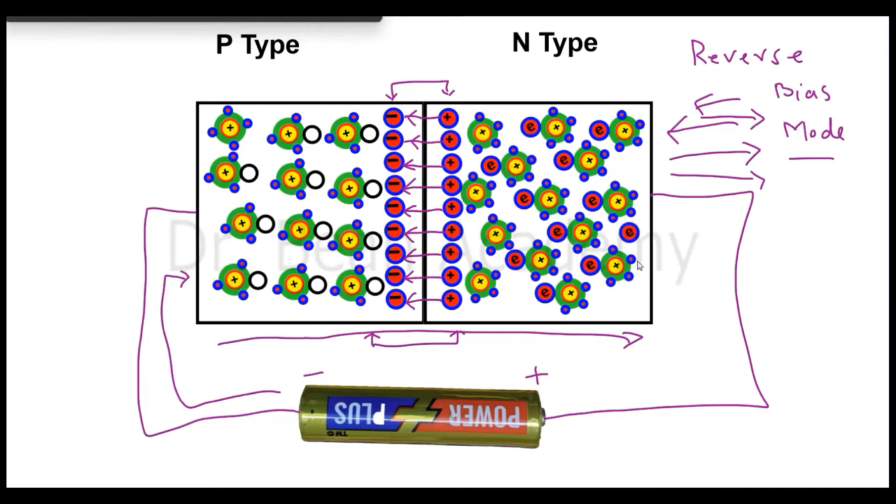So this current is not because of majority charge carriers, it is because of minority charge carriers, which exist on the p-type side as free electrons, and this is called the reverse bias mode. And you can see there is actually no flow of current because of majority charge carriers at least, and this current is too small and not of significant value in most cases.